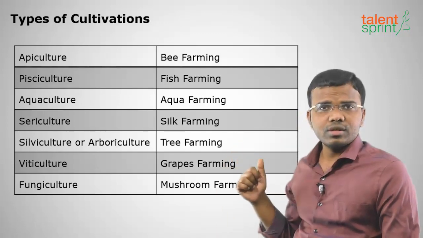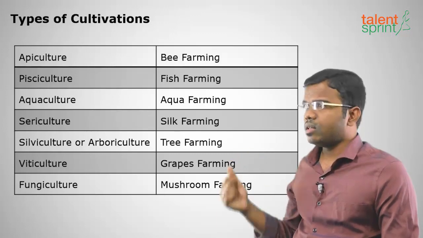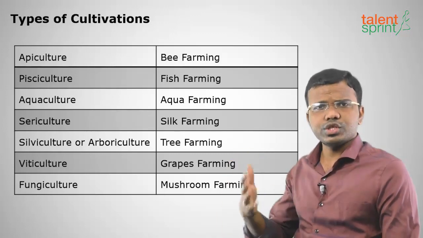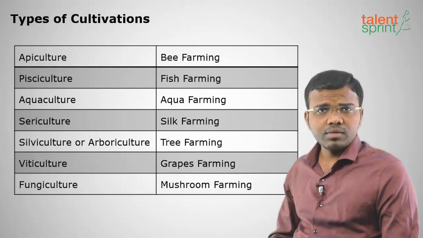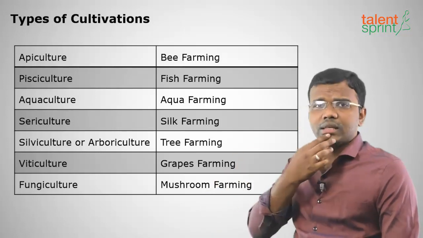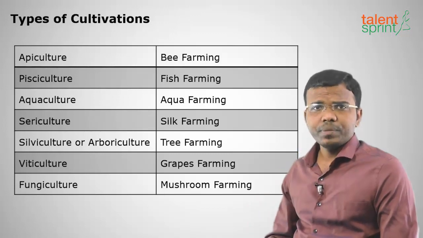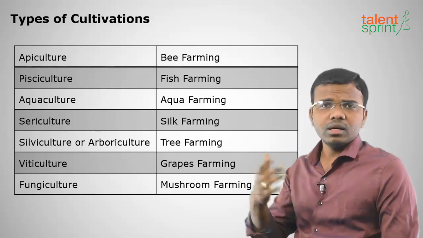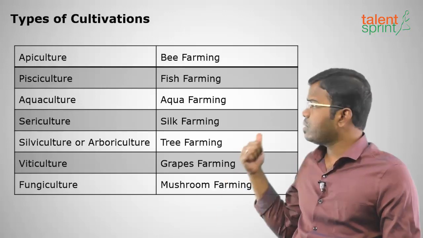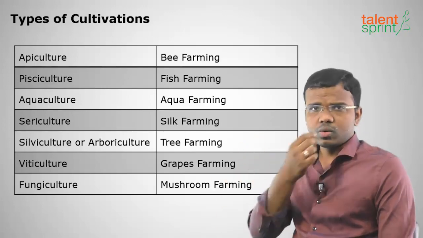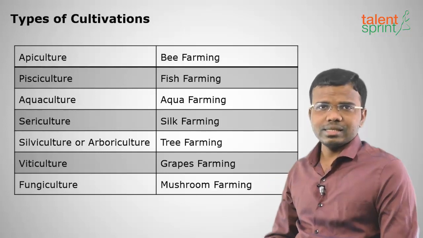Next is aquaculture, in the aqua ponds farming, it may be fish, shrimp, etc. And sericulture means cultivation of silk, particularly the silkworms. If you cultivate them, they weave a silk thread, right? So this will be used for making clothes, clothing materials, etc.